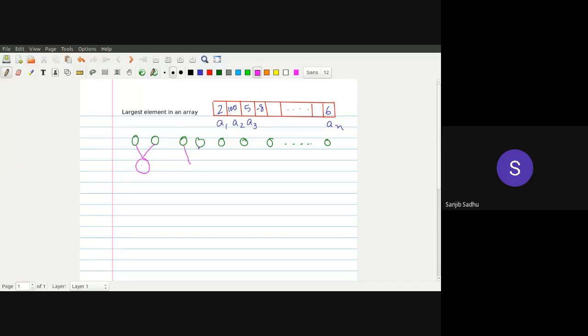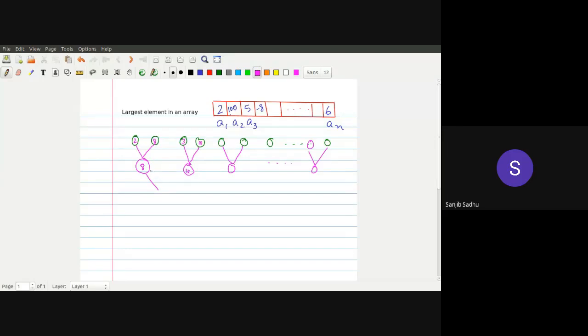Similarly, he will compare the next two elements. Say it is 2 and 8, so you put 8 here. Similarly, it may be 3 and 10, so you put 10 here.